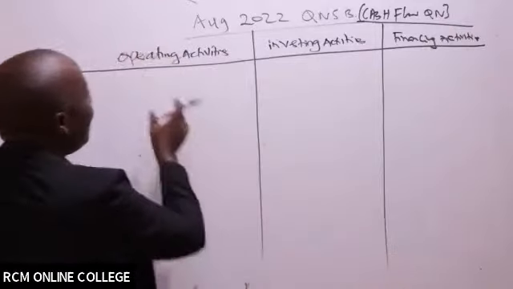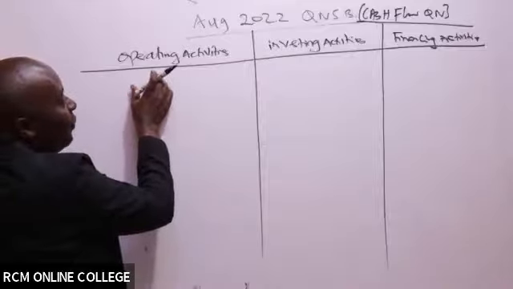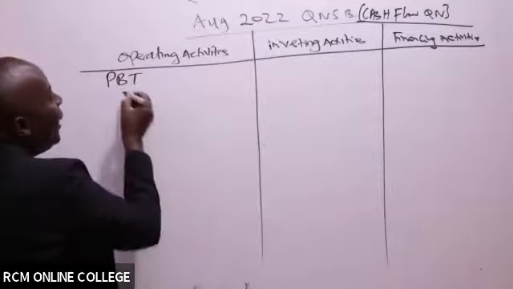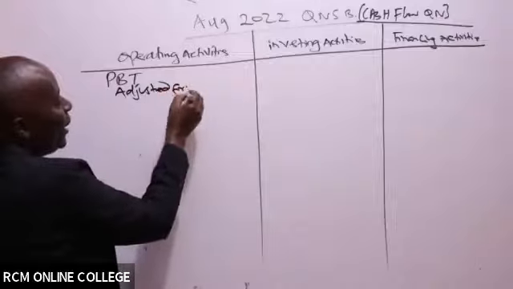Then I know that with the indirect method, under operating activities, I will always start with the profit before tax, and then do adjustments. So we say adjusted for.